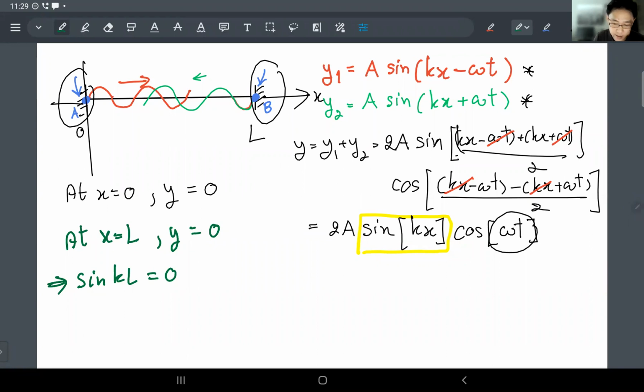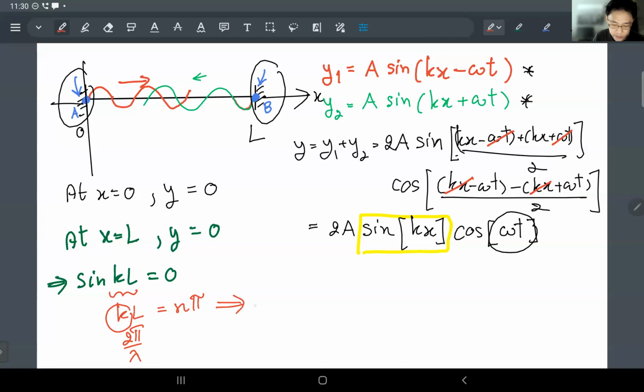Well, that means your argument right here, KL, must be a multiple of pi. You guys with me now? For sine to be 0, your argument must be either 0, pi, 2 pi, 3 pi, 4 pi, 5 pi. So that means I can actually take only some wavelengths of this. Here we go. K is 2 pi over lambda.